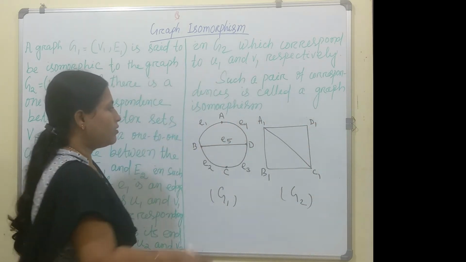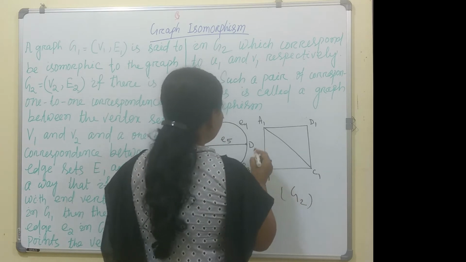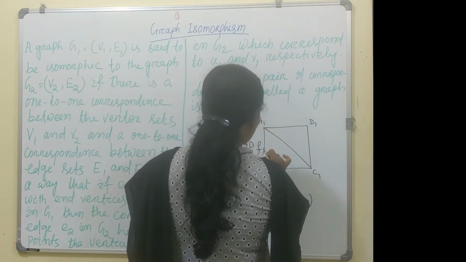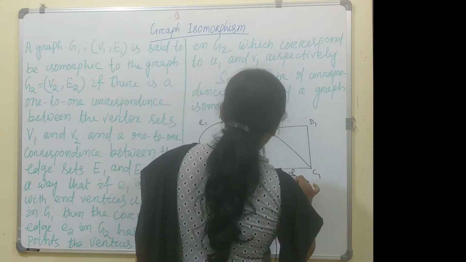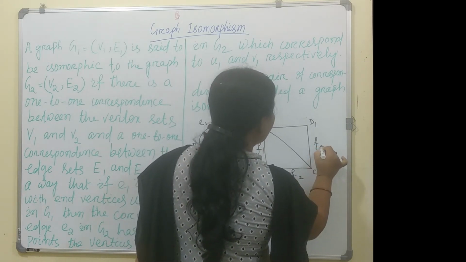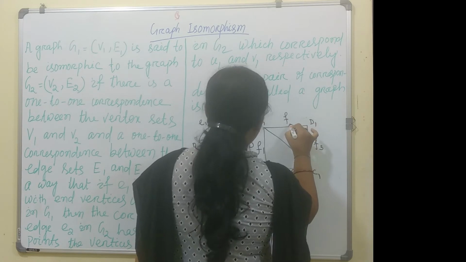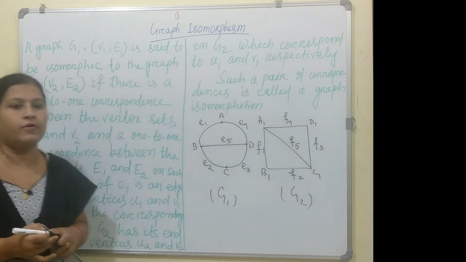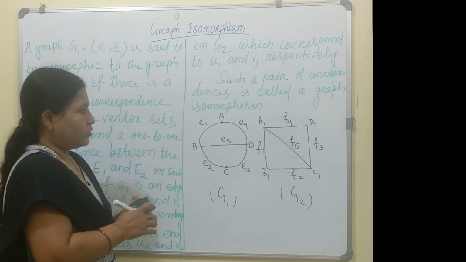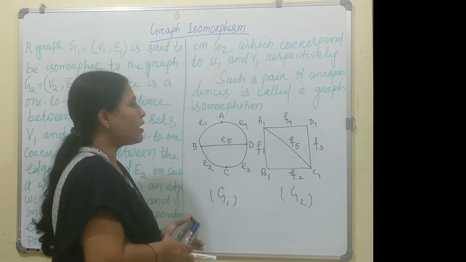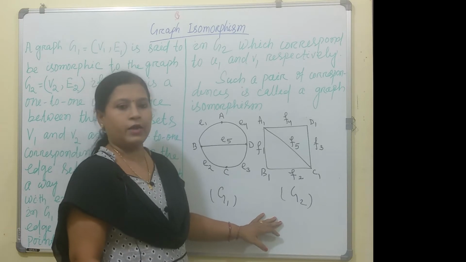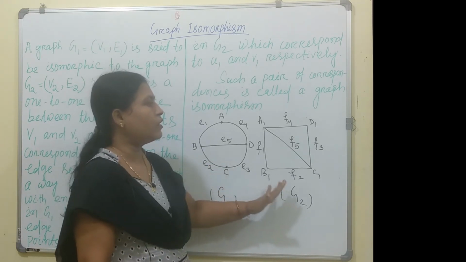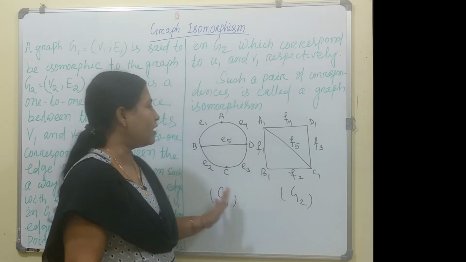Okay, and the edge sets are F1, F2, F3, F4, F5. Okay. So these two graphs are isomorphic graphs, and these two graphs have different structures.